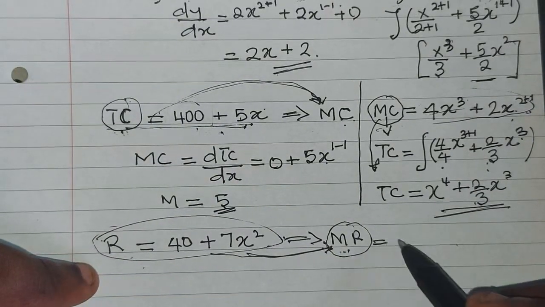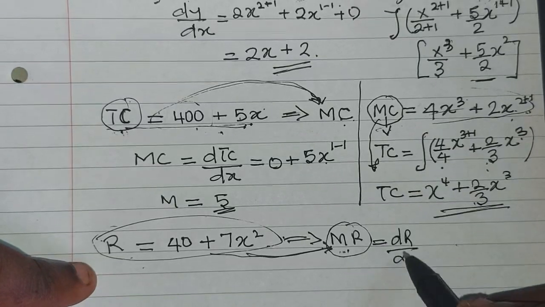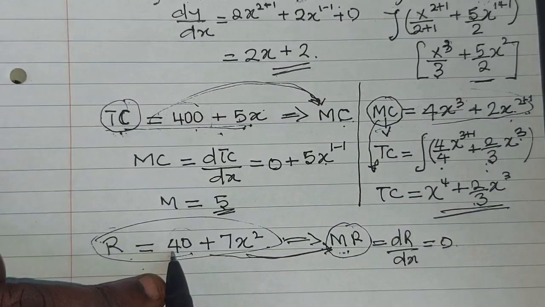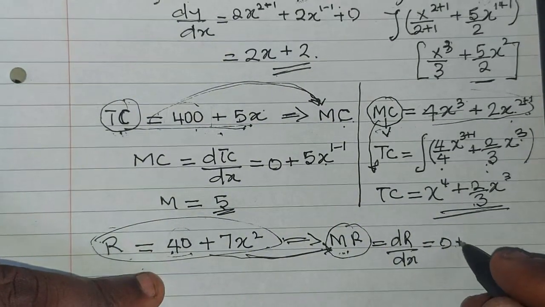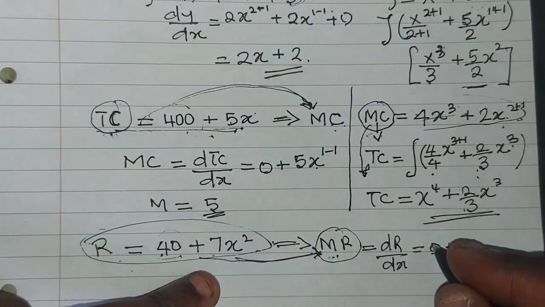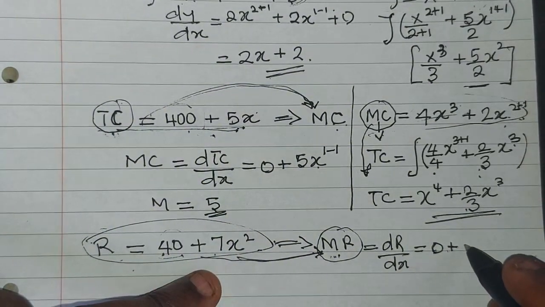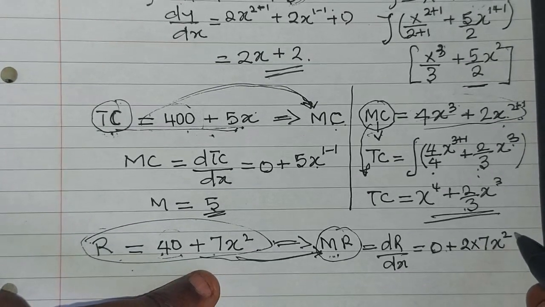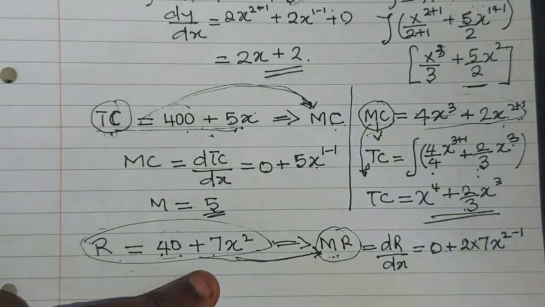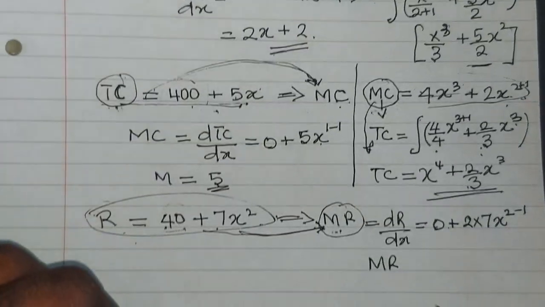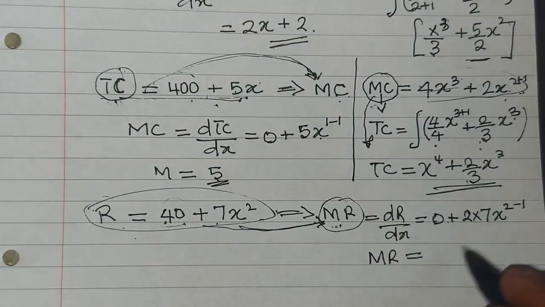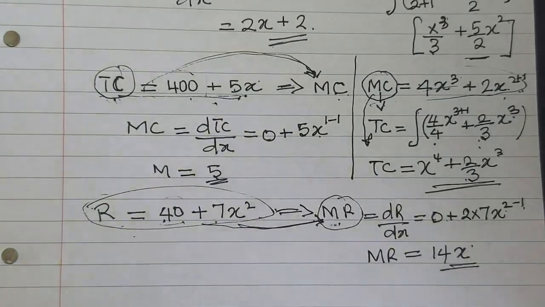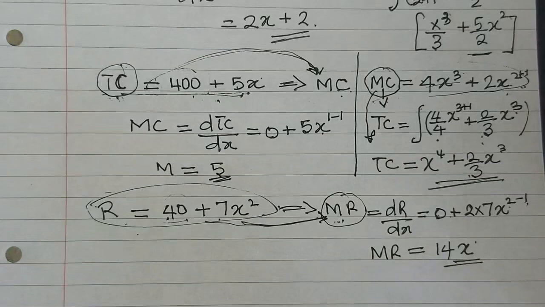The differentiation of a constant is 0, plus 2 multiplied by 7x raised to power 2 minus 1. Our marginal revenue, therefore, will be equal to 14x, because 2 minus 1 is 1. So this is our marginal revenue function.